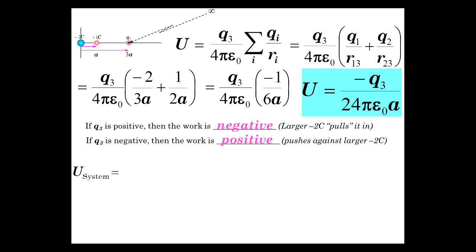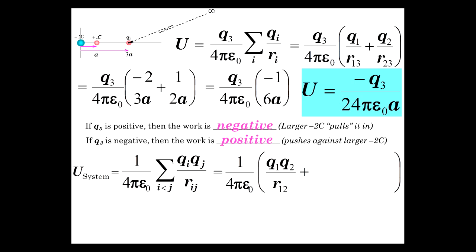Now, let's figure out the potential energy of the system. We can plug in the basic formula, k factors out, and we have all the combinations. They look like this. We have Q1 Q2, so for the whole system in this configuration to be separated to infinity, we have the interaction between these two, Q1 Q2 over r12.